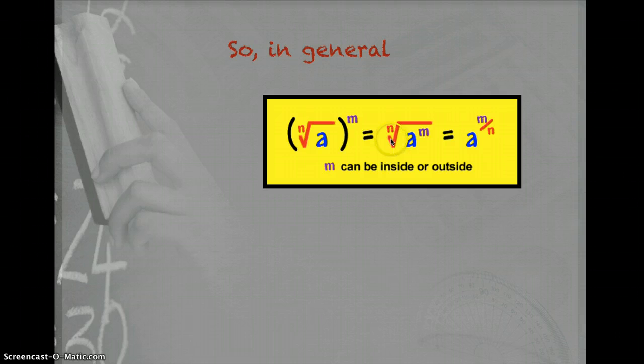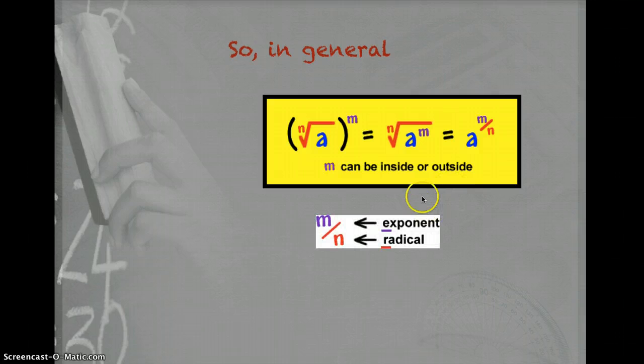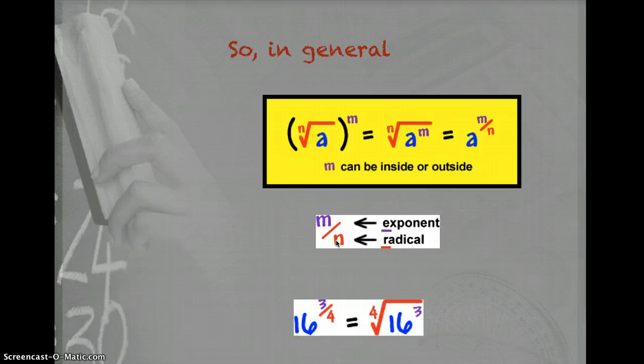It's also the same as if your m is inside the radical symbol. So m can be inside or outside. And m is your exponent and n is for your radical sign. Here's another example of how to write it.